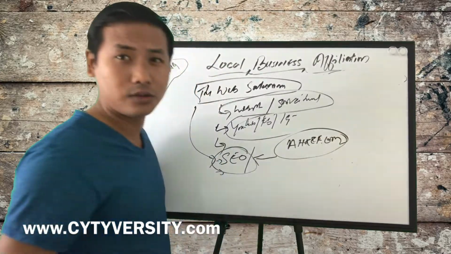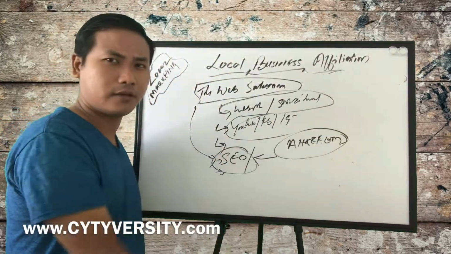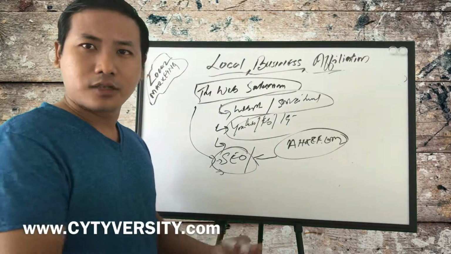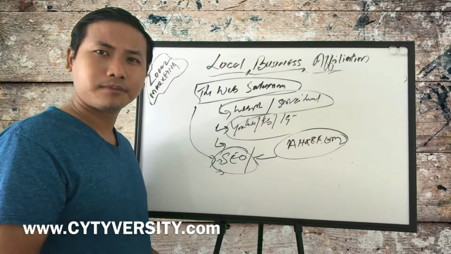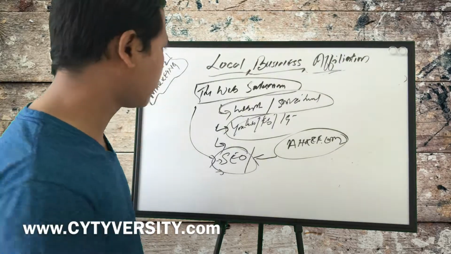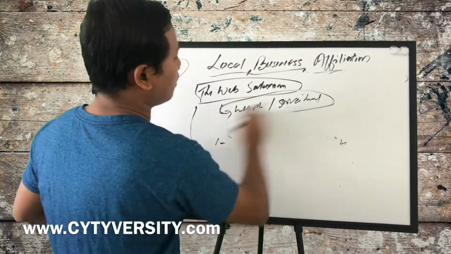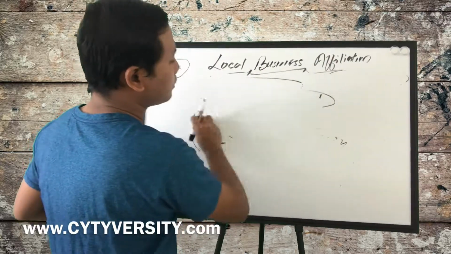This is the website they use. There are a lot of other free websites that you can browse around to check the status of your website. All right. But the first thing is to focus on the local business affiliation.